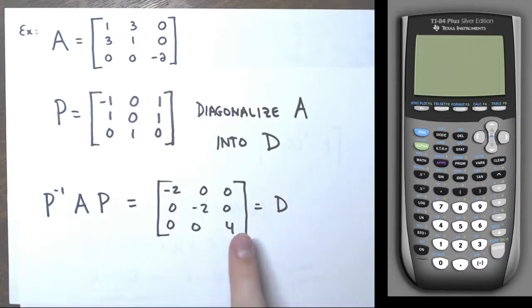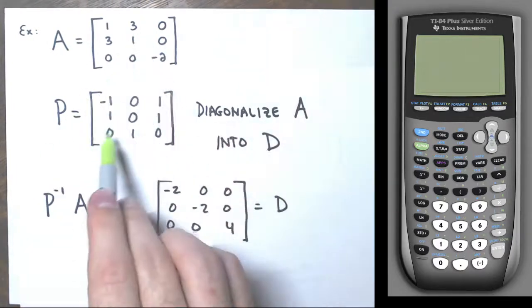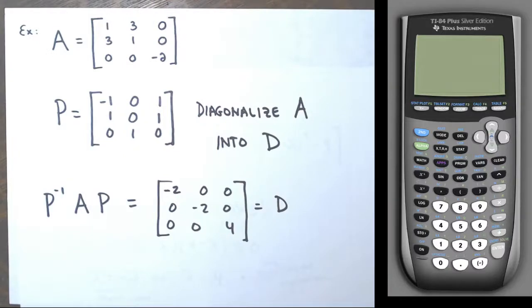Because when I raise this to the 20th power, I just put the 20th power on each of the main diagonal entries and I've got it. It's that simple. So I'm going to do that in the next video when I go over properties of diagonal matrices and why the interest in taking a square matrix and converting it into a similar diagonal matrix.